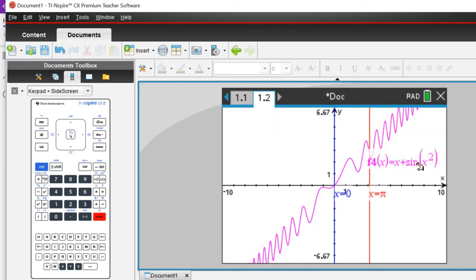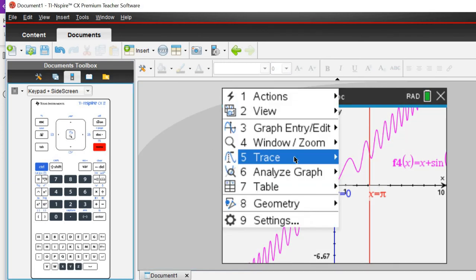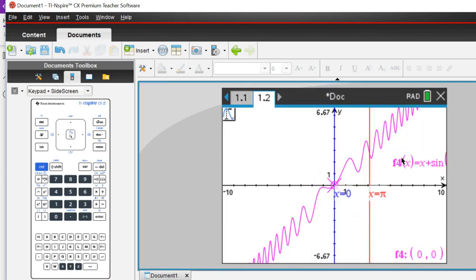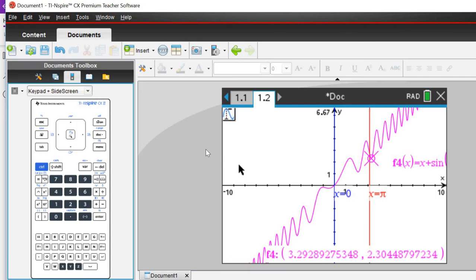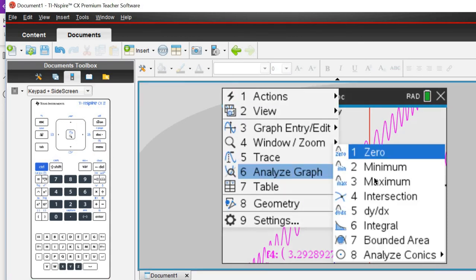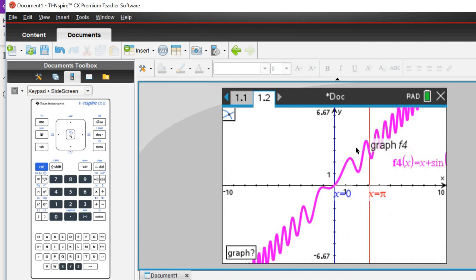What's the point of doing that? Well, what it shows us is that point of intersection there. The point of intersection, which it's not going to show, let me actually find it. Analyze intersection of that and that.